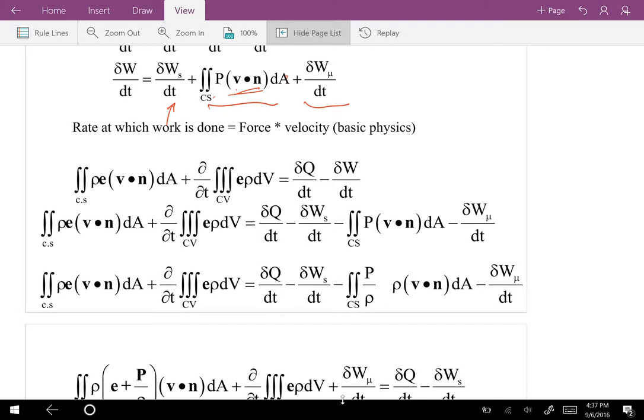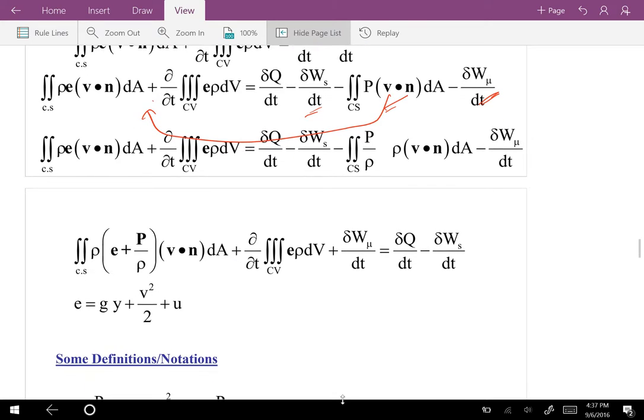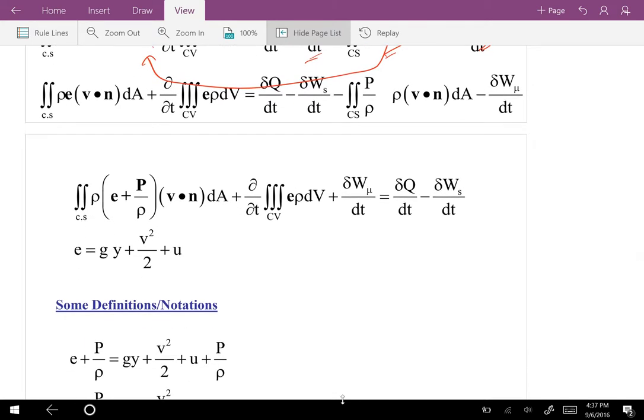Again, coming back to your full energy balance, the net rate at which energy leaves the control volume plus the rate of accumulation of energy in the control volume is equal to Q dot minus W dot. The W dot is composed of 3 terms, shaft work, flow work, and the shear work. When you take the flow work over to the left hand side, you can work out the math.